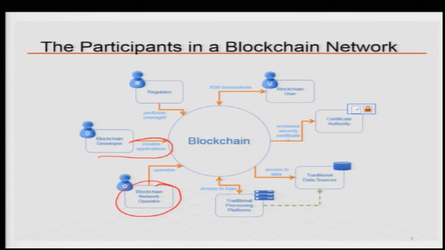So that's the network operator. You have the blockchain user. For example, if it is a supply chain blockchain, then the blockchain users would be all the entities involved in the supply chain, the customer at various steps and so on.